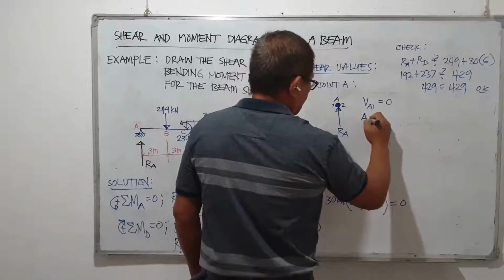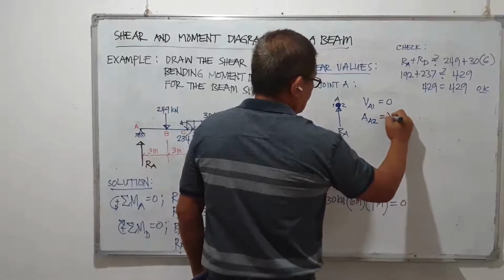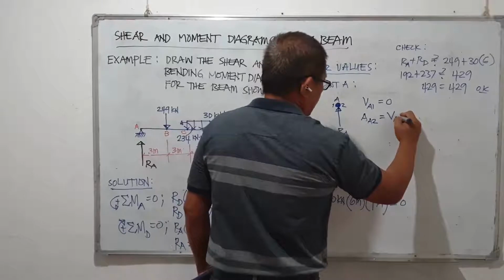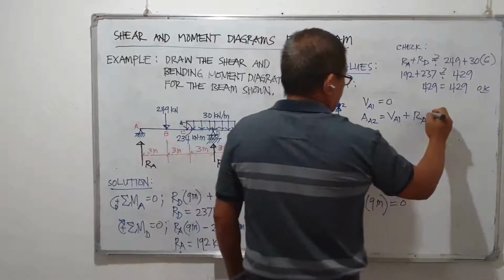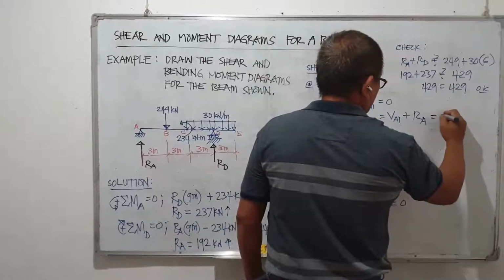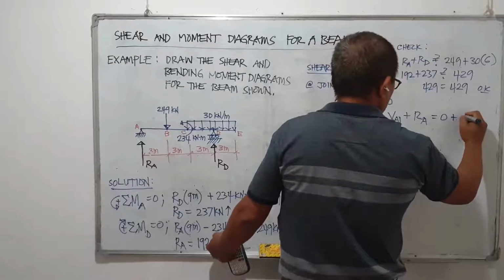A little to the right of point A, this is point 2, V sub A2 is equal to V sub A1 plus R sub A, or 0 plus R sub A, 192.